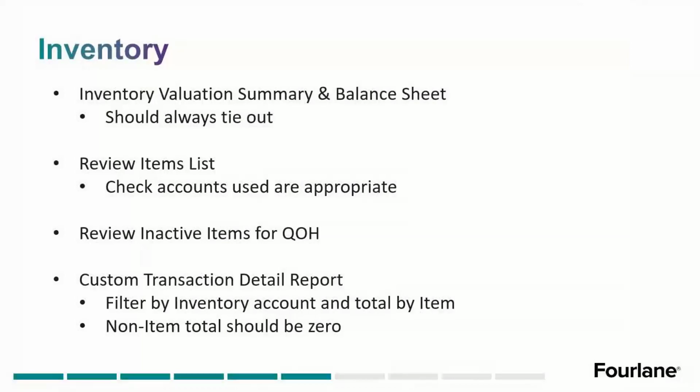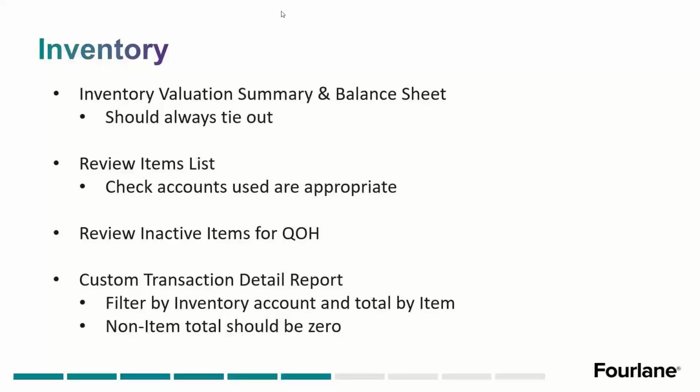So we've talked in the most recent weeks a lot about inventory. What is inventory? How should inventory be treated? The thing that makes inventory special is that when we are looking at our item setup inside of QuickBooks, we have an asset account.